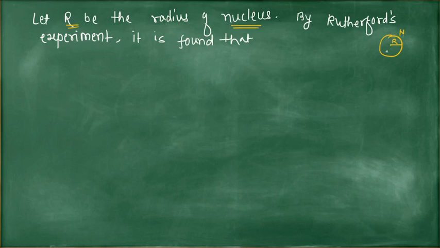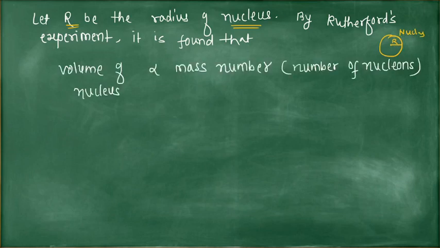For simplicity, I draw this as a big circle. By Rutherford's experiment, it is found that the volume of nucleus is directly proportional to mass number.